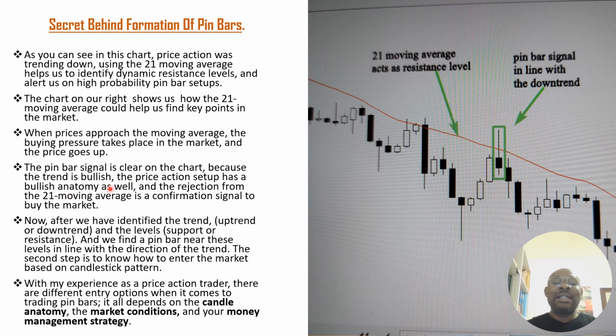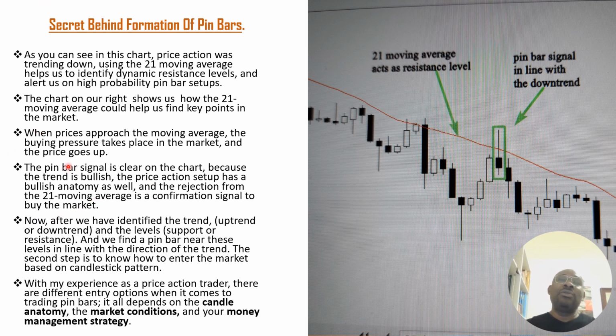The pin bar signal is clear on the chart because the trend is bullish. The price action setup has a bullish anatomy as well. And the rejection from the 21 moving average is a confirmation signal to buy the market.